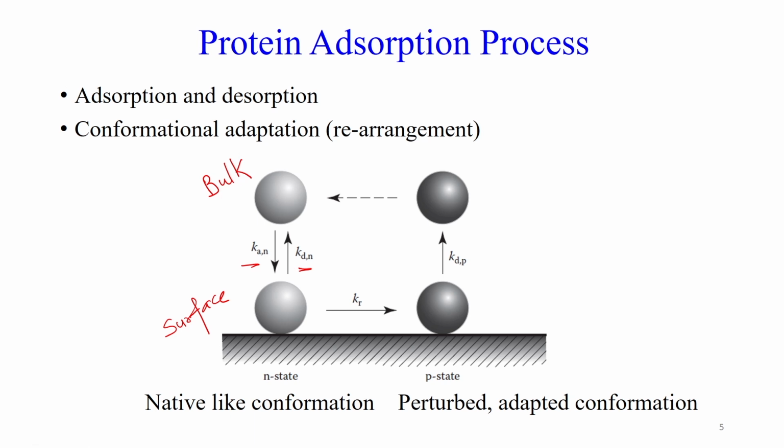So, the very first step is adsorption and desorption, or overall you can say this is the attachment. And followed by attachment there is a rearrangement or reorientation. So, this next step is the conformational adaptation or the rearrangement.